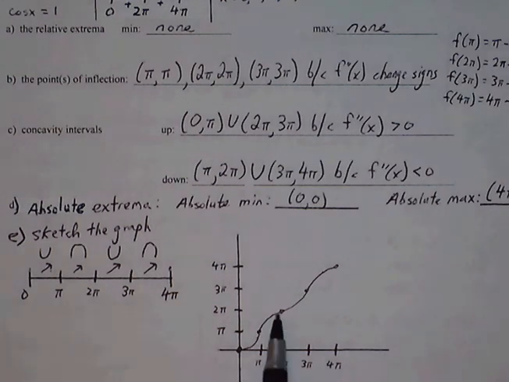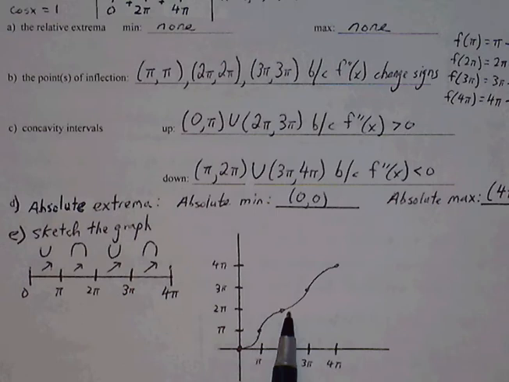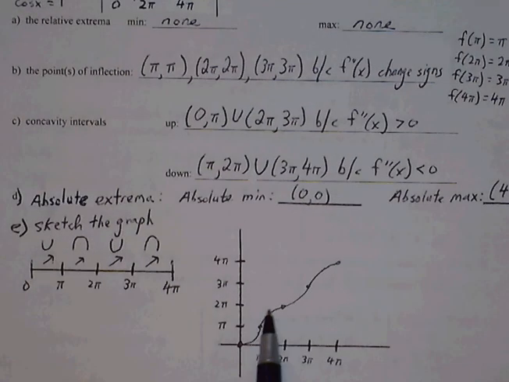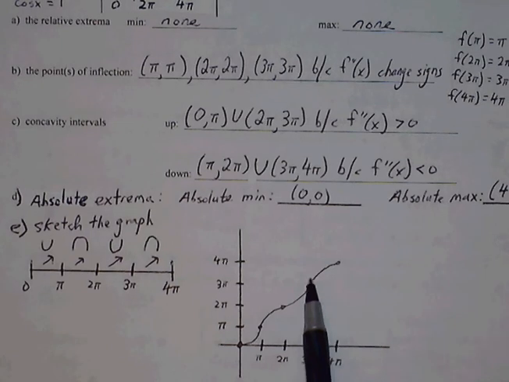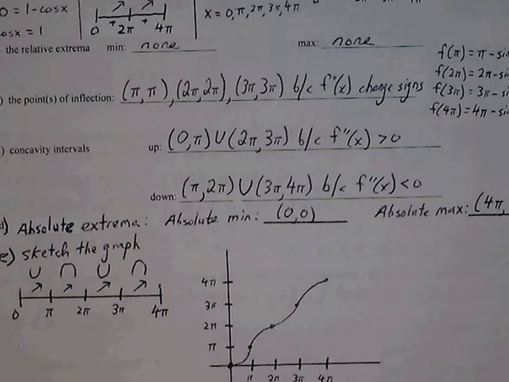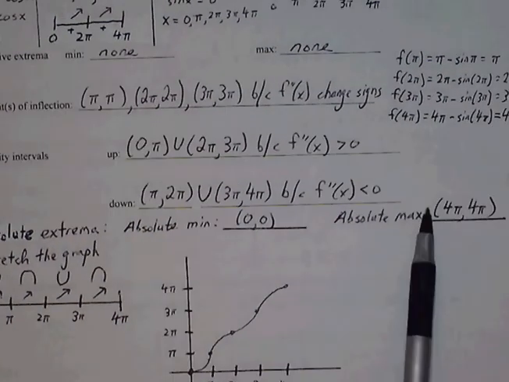So here are all the points that I can plot: (0, 0), (pi, pi), (2 pi, 2 pi), (3 pi, 3 pi), (4 pi, 4 pi). So increasing, concave up, increasing, concave down, increasing, concave up, increasing, concave down. Okay. Absolute extrema, we know absolute minimum will occur at (0, 0), and based on this graph, we know absolute max will be at (4 pi, 4 pi).